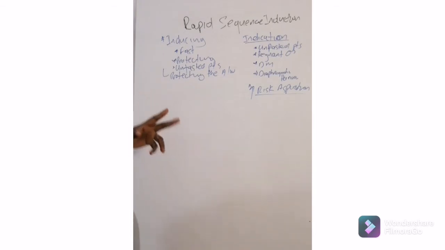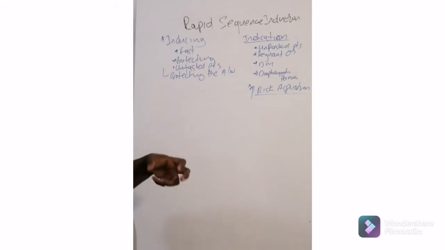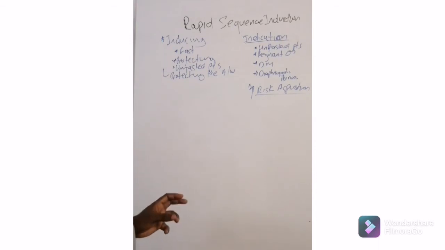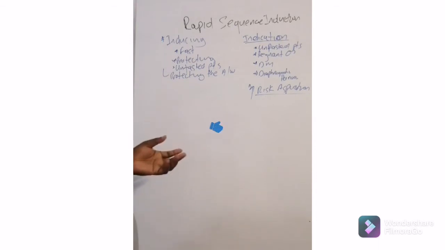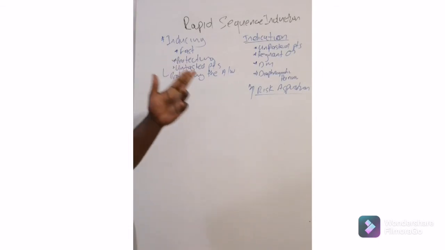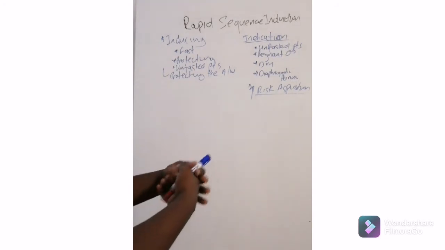But on top of that, their lower esophageal sphincter is also very unstable. They get relaxation of that sphincter, and that easily allows gastric contents to come up and get into the esophagus. So that's basically that. If they ask which kind of patient you would do a rapid sequence on, you're going to talk about those patients.